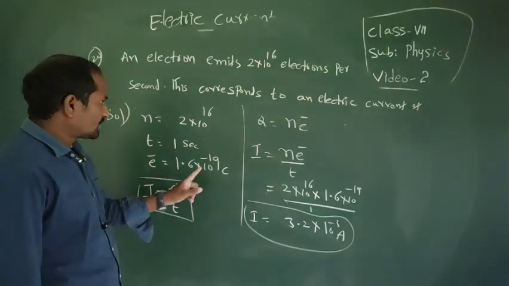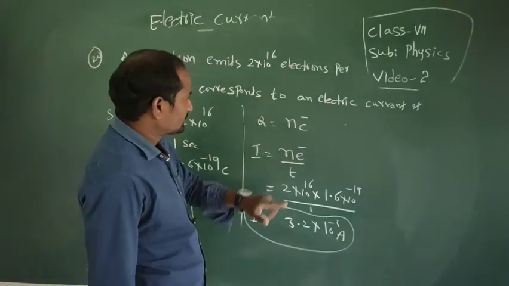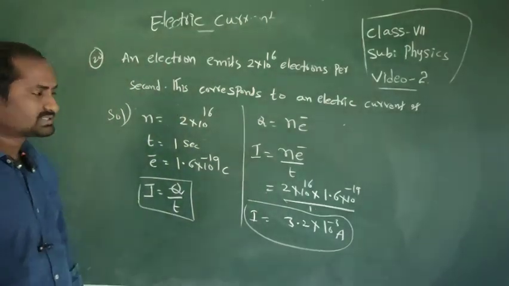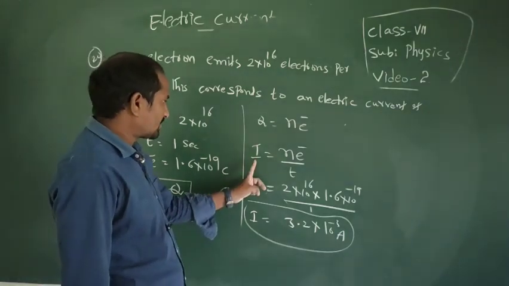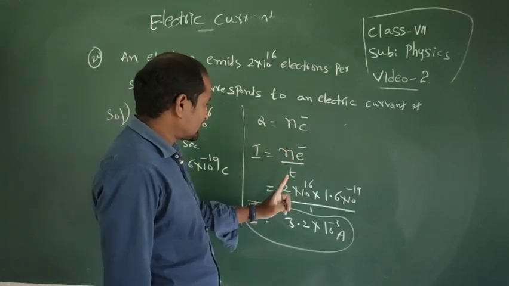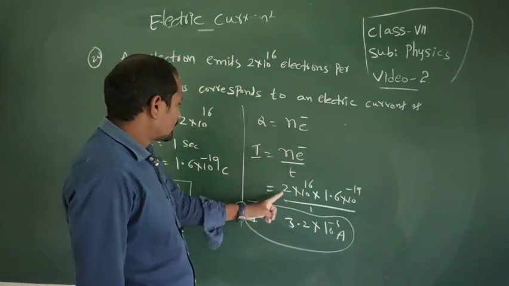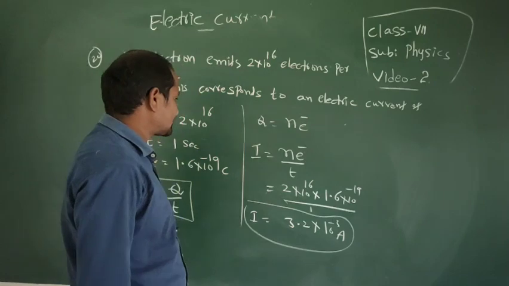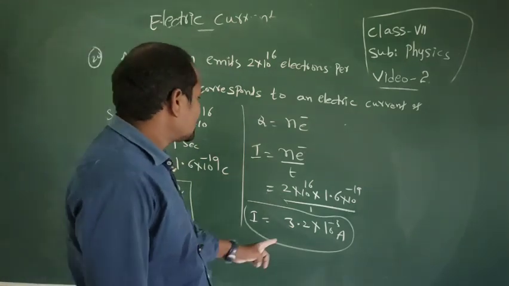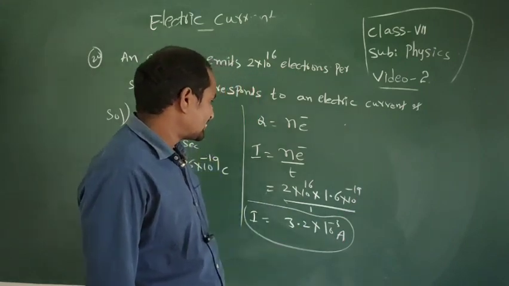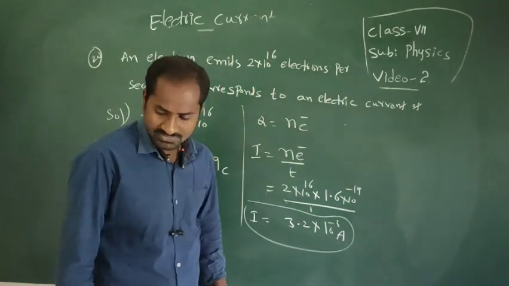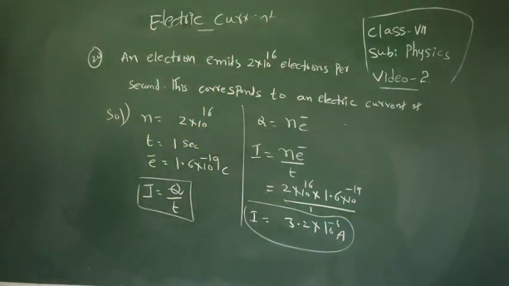So here Q equal to N into charge of an electron. N means the number of electrons, E means the charge on 1 electron. So I equal to Ne by T. N equal to 2 into 10 power 16 into E, that equals 1.6 into 10 power minus 19 by 1.